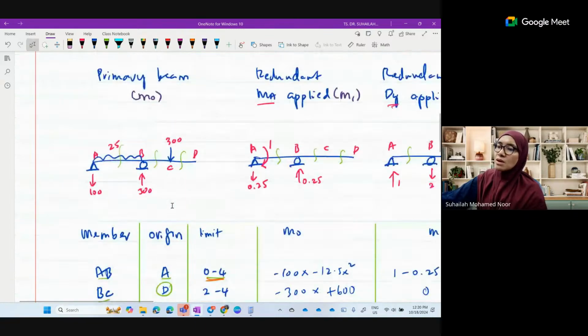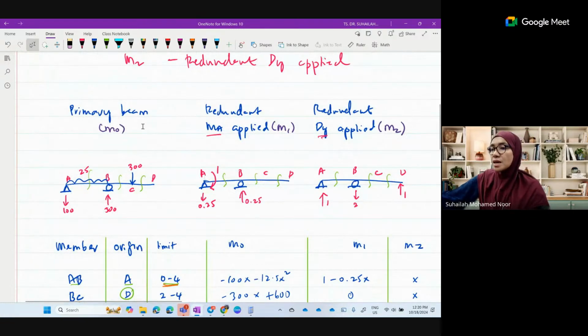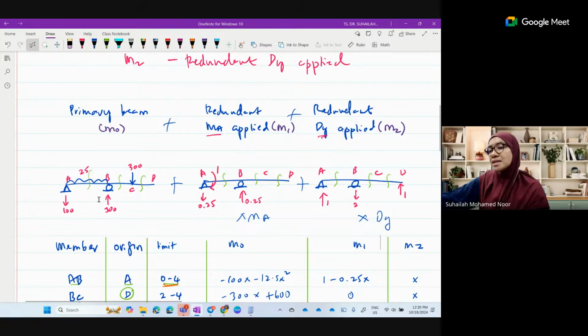Okay, back to the asal ni yang mula-mula tadi kan. Kan this diagram kan we draw from the principle of superposition, right? Means that yang ni tambah ni kan. Maknanya ni tambah 1 kali MA. Yang ni pun tambah 1 kali dy. And kita dah calculate dah tadi AY dengan BY, right? So yang kita nak sekarang ni AY dengan BY. AX 0 lah. Okay. So AY kita ikut flow principle of superposition.